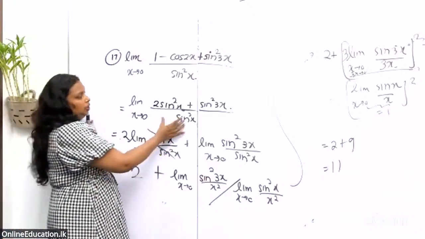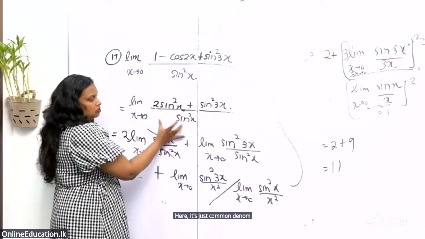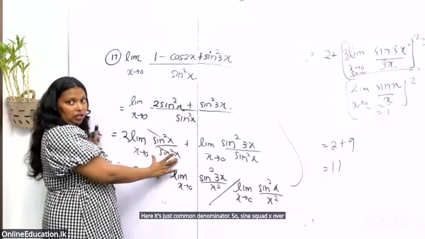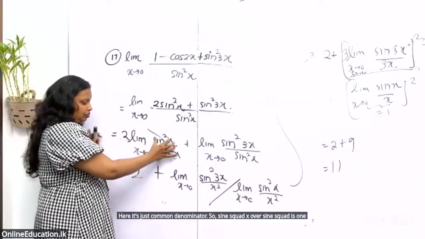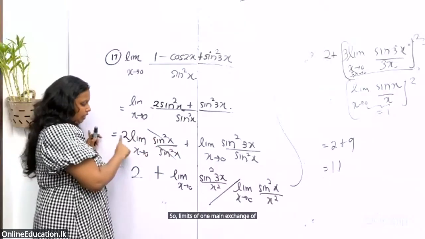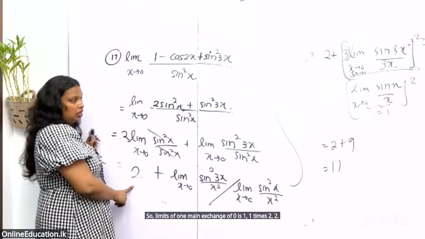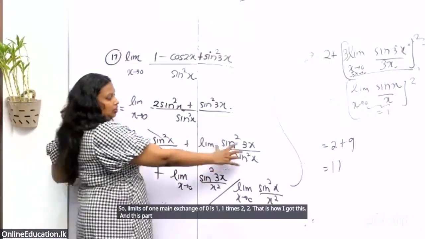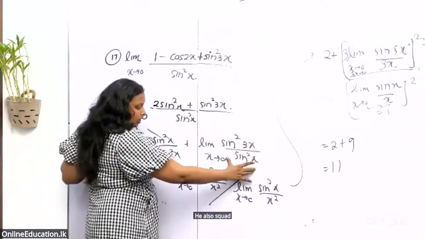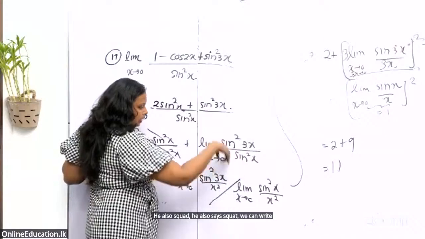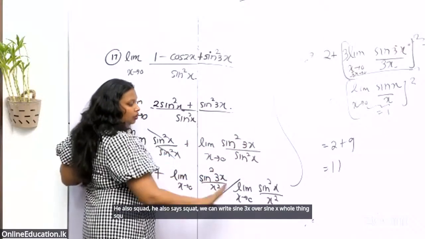Here it's just the common denominator. So sine squared x over sine squared x is 1, right? So the limit of 1 when x tends to 0 is 1. 1 times 2 is 2. That's how I got this. And this part, here also is squared. We can write sine 3x over sine x whole thing squared and divide all the terms by x.